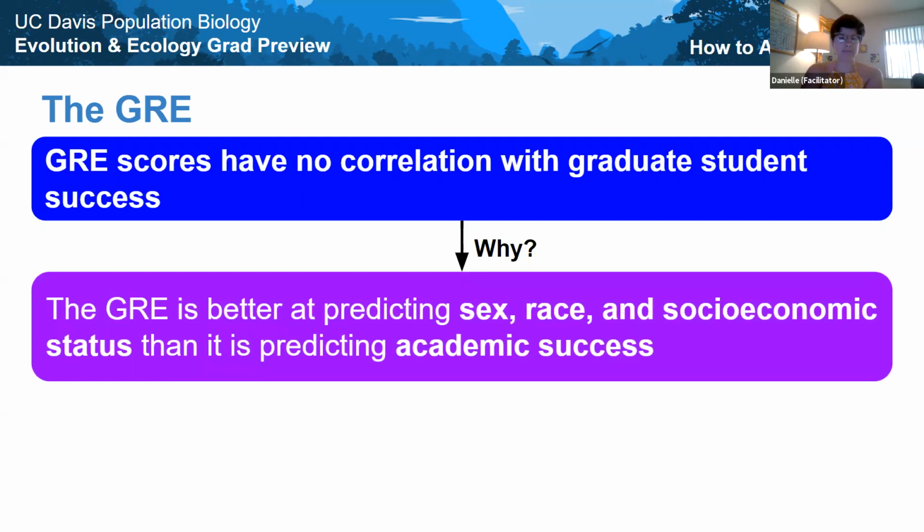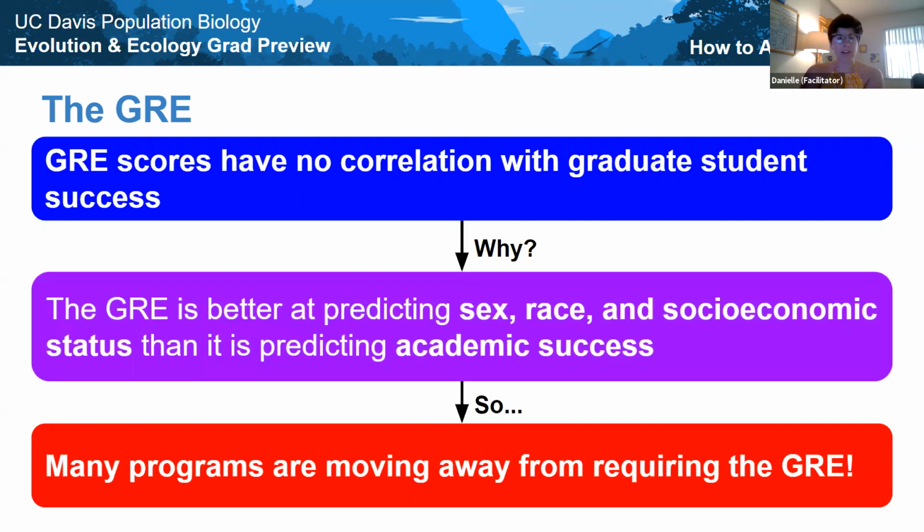And because of that, many programs are moving away from requiring the GRE, which is a movement called Grexit, and we have a list of programs and schools that have Grexited. But be sure to check all the programs that you are applying to see if they have this GRE requirement.